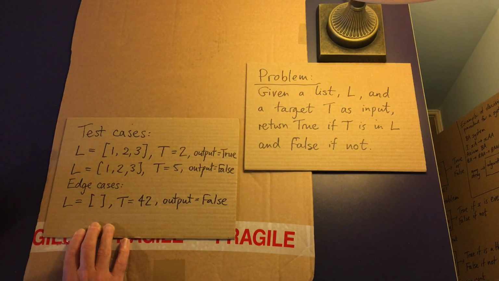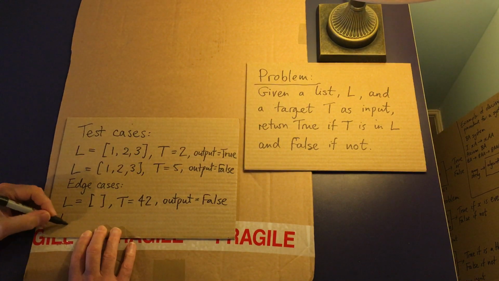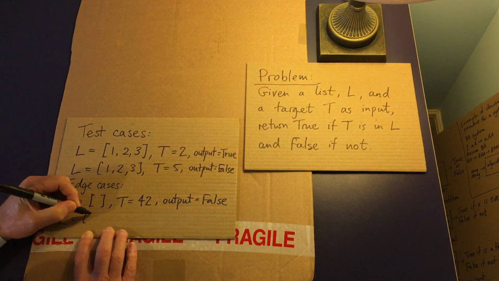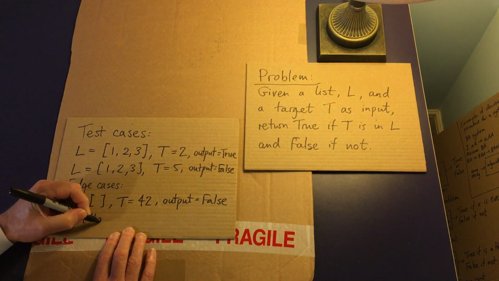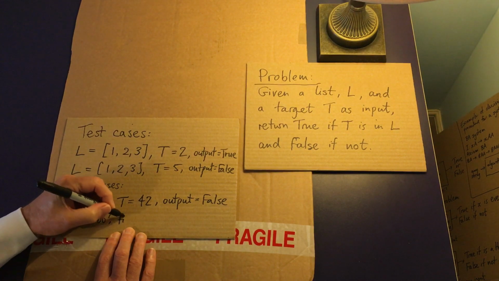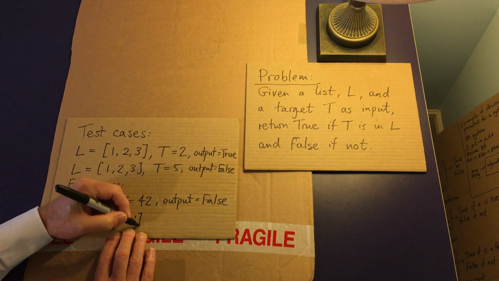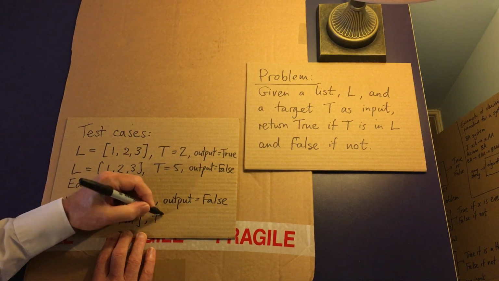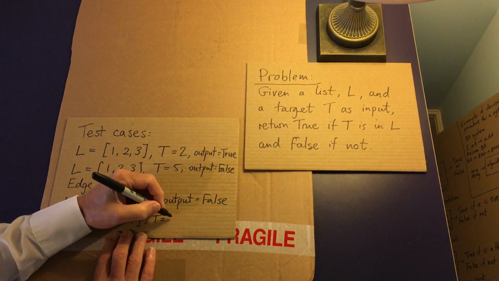We can have any items we like in our list. We could have some strings, so we could have, for example, this list with boo and fish in it. And the target, in this case, could be anything you like, could be a number if you want.